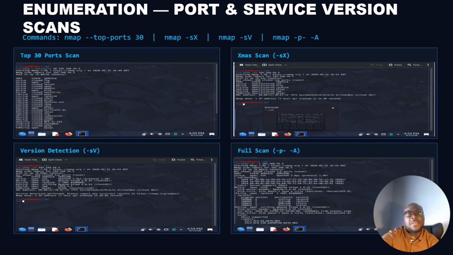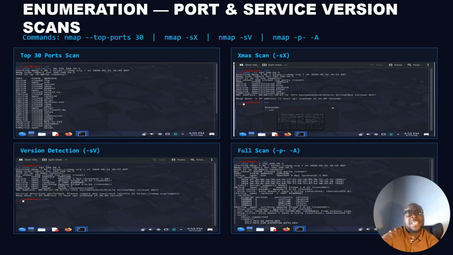OpenSSH 3.9p1, Apache 2.0.52 on CentOS, and MySQL running without authentication. A critical finding.